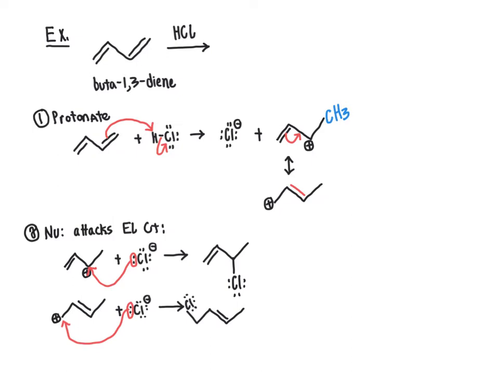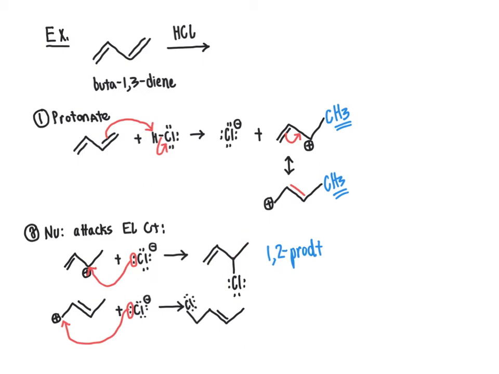And that was true for both of these resonance structures, that in both, the place where we added the new hydrogen was out here. And so, in the top scenario, the newly added hydrogen was bonded to the carbon adjacent to the carbocation, where the carbocation is where the chlorine ultimately ends up. And so we describe that top case as the 1,2 addition product, because the hydrogen and the chlorine nucleophile added here and here on adjacent carbon atoms.